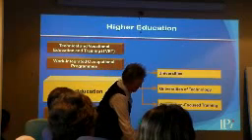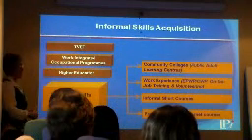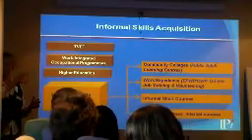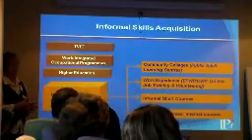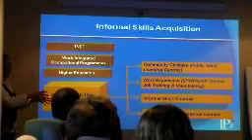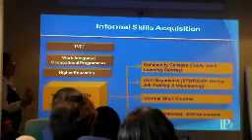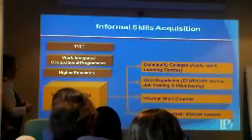And then what I think we're all very excited about is the 4th stream, informal skills acquisition, and it addresses a lot of the issues that you've been talking about. What we're basically saying is, if you don't fit into the formal structure, there are a lot of ways in which you can acquire and develop skills, and they can be used either in your own business or in other businesses.